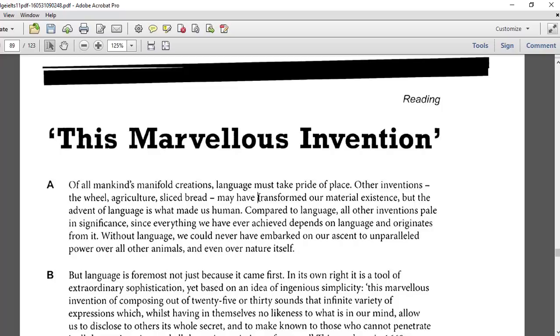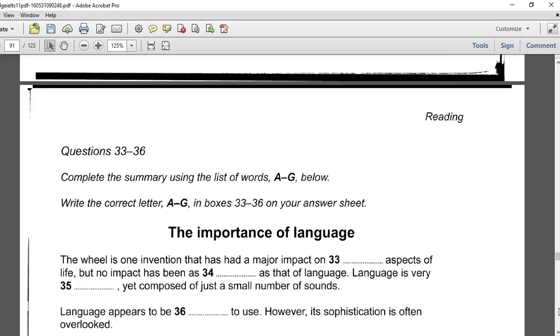So transformed means a large impact on what? On our material existence. Okay? I think it's very clear. The question says it has an impact on what? An impact means transformed. What? Our material existence. So let's get back and write this answer.